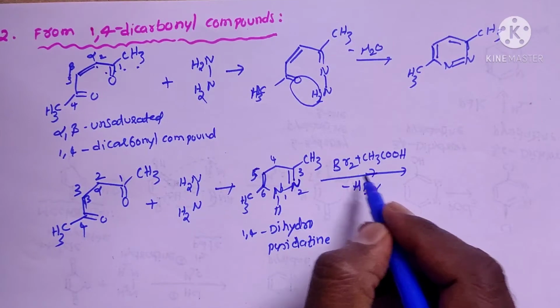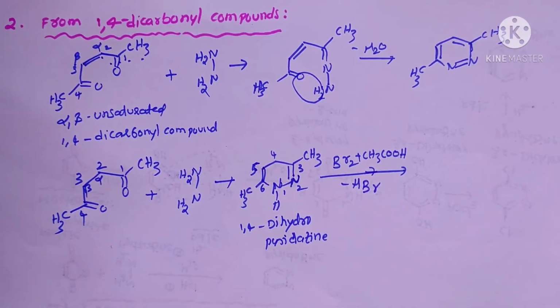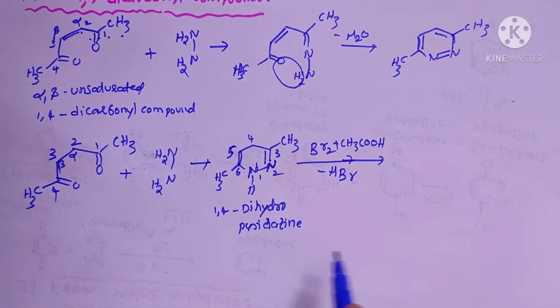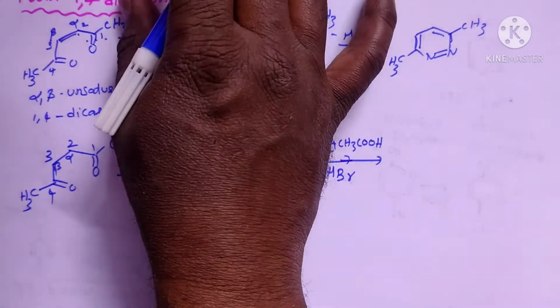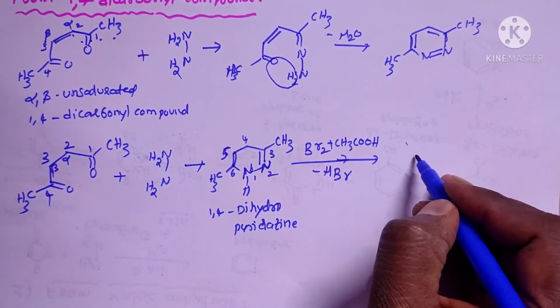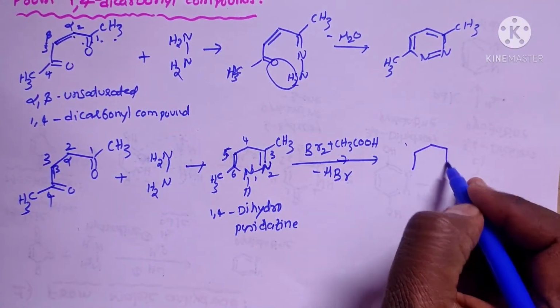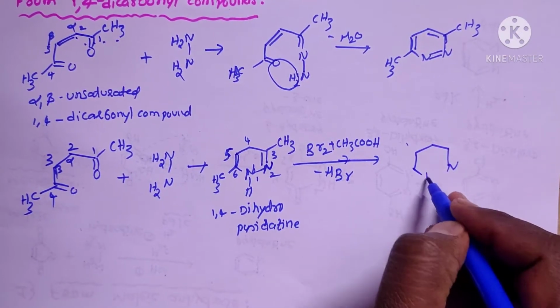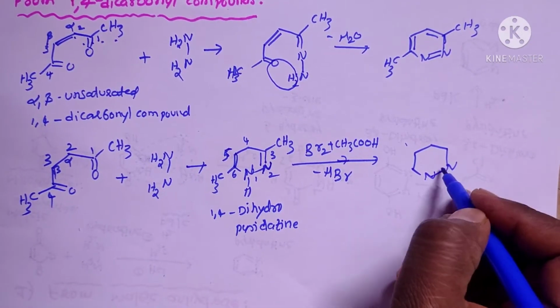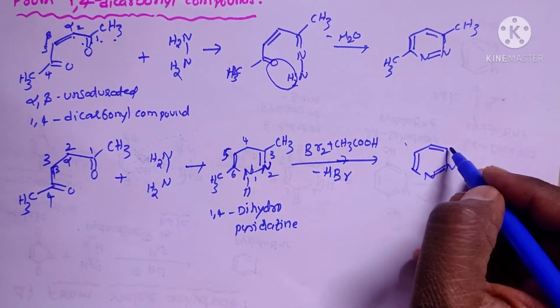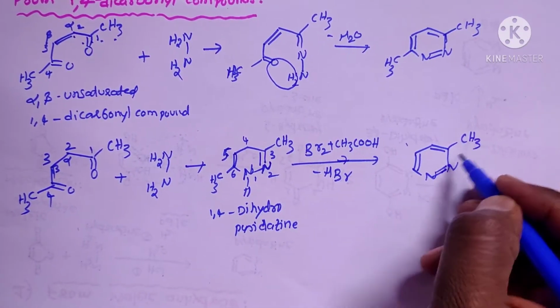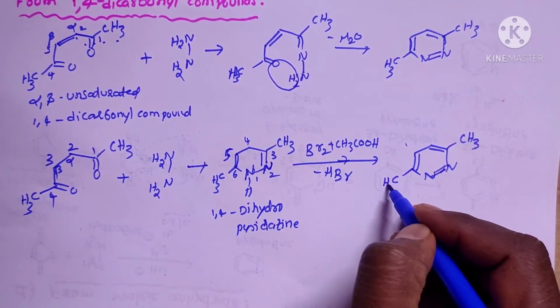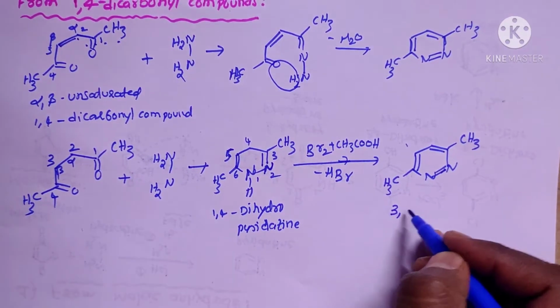So here this bromine oxidizes the 1,4-dihydropyridazine to the pyridazine. So now we get the 3,6-dimethylpyridazine.